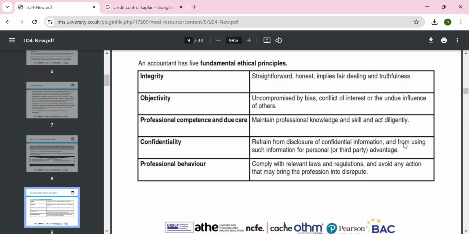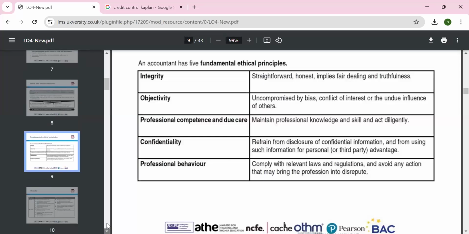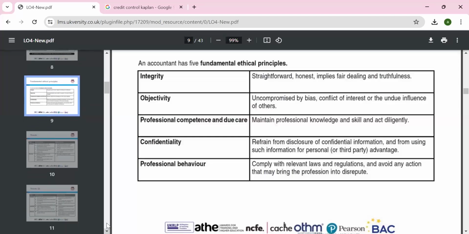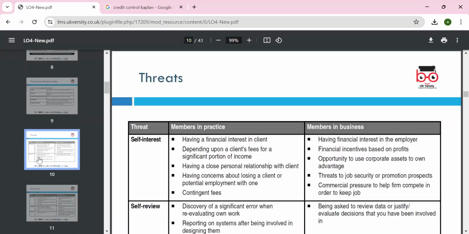If you fear that you will lose the client, ultimately you will lose your revenue, the fees you get from the audit company. That can be undue influence. Okay, so self-interest: whether you are a member in practice or a member in business, you have to consider financial interest in the client or financial interest in the employer, so do not act out of self-interest.